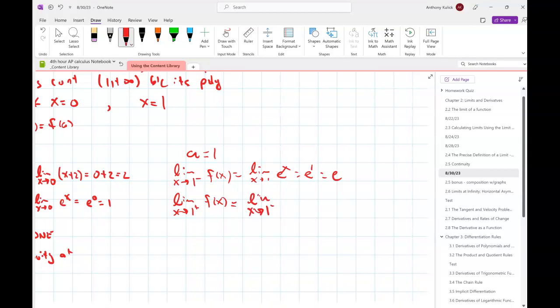And then from the right, that's x minus 2. Or I'm sorry, 2 minus x, thank you. Yes, 2 minus x. Again, I can use direct substitution because that's a polynomial. So I get 2. Those disagree. So I know that the limit as x approaches 1 of f of x also does not exist. So we know that we have a discontinuity at x equals 1.